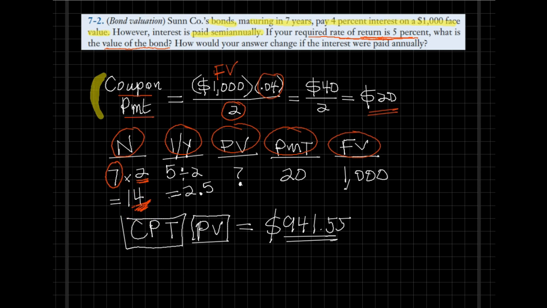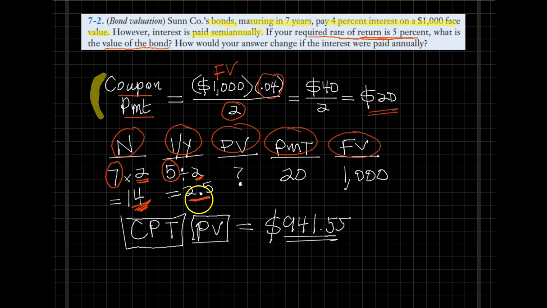Now the annual interest is 5%, or you might say the required rate of return is 5%, but because interest again is paid semi-annually, for this one we have to divide by 2, and we would get 2.5%. Notice that I did not add the percent sign, meaning that when you enter this number into your calculator, you just leave it as 2.5, not 0.025.